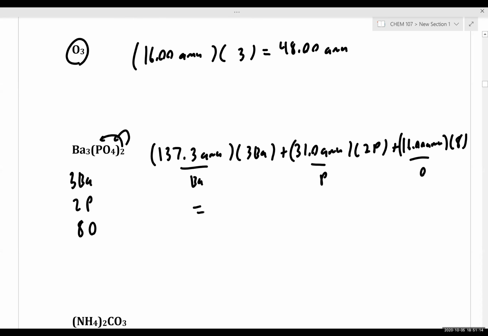Punching this in, we have 137.3 times 3 plus 31 times 2 plus 16 times 8, and that gives us a mass of 601.9 AMU per molecule of barium phosphate. Does this make sense to everyone so far? Notice how we're applying the skill that we learned last class session.